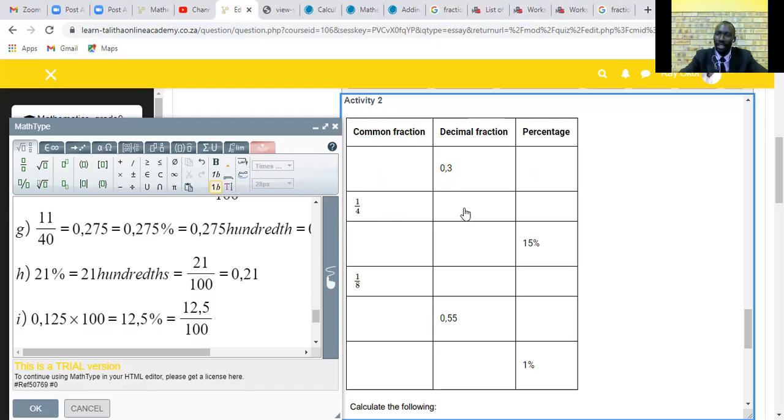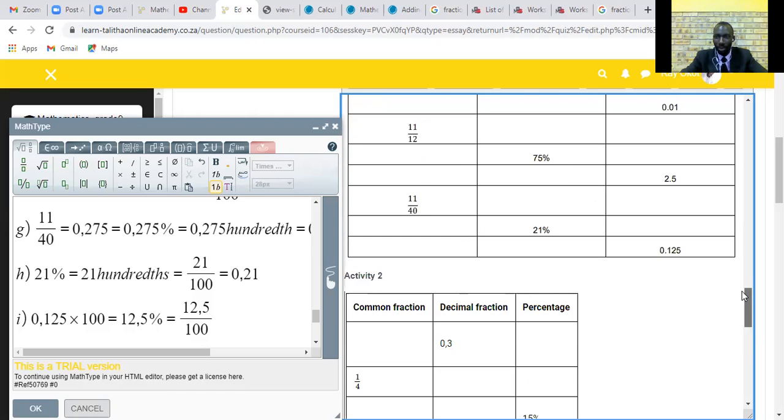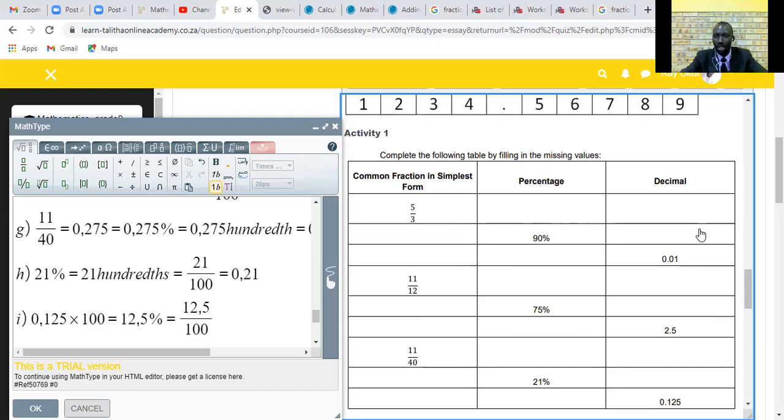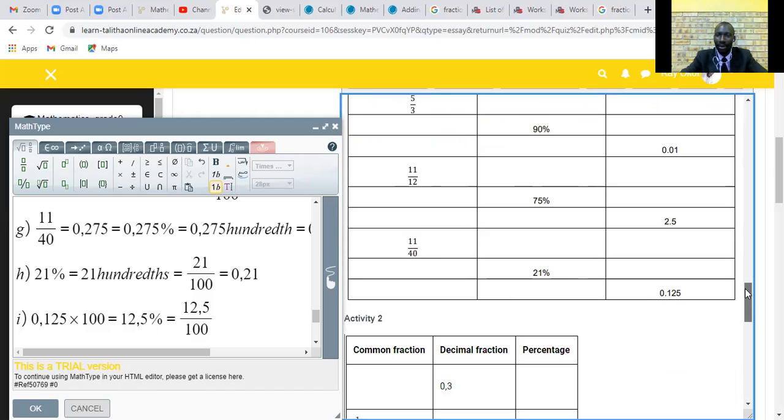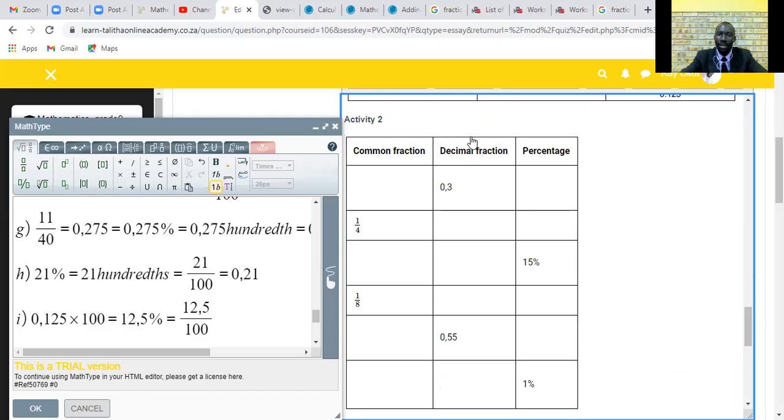Then in percentage, this 0.25 which you have got, you multiply by 100 and you get it here. Now notice that the table is not exactly the way it is appearing up here, because here the smallest is coming first, then the percentage, and then the fraction. But here they've exchanged the position for decimal and percentage.